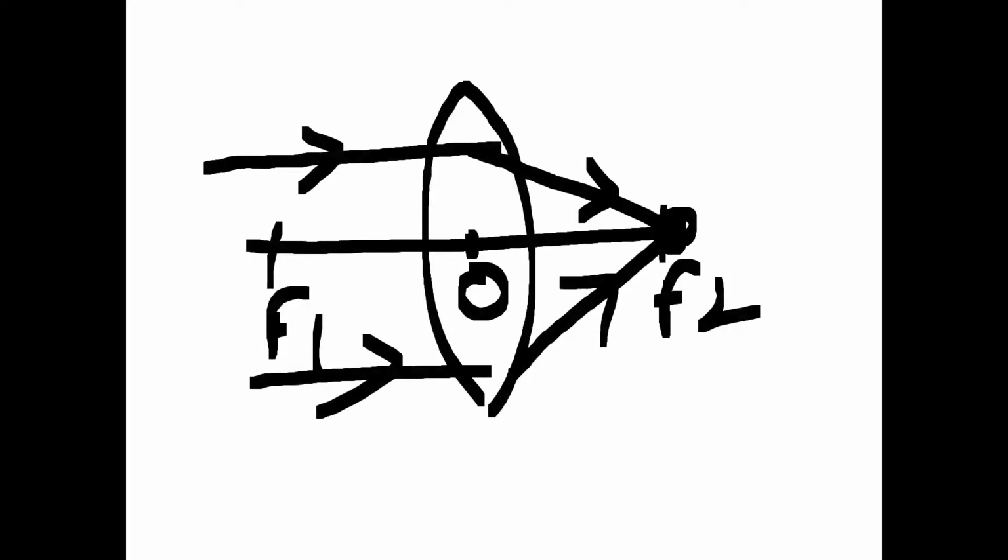The image will be formed here. What will be the nature of the image? Definitely, because rays are actually meeting, it will be real and inverted, and highly diminished and point like.